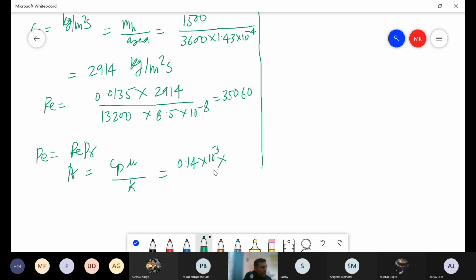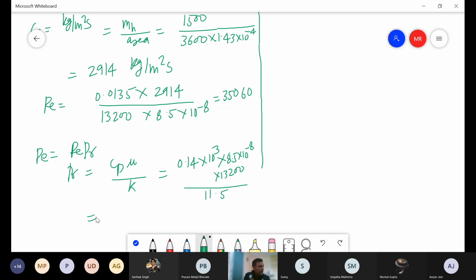Mu is given as 8.5 into 10 raised to the power minus 8 into 13200. So that is Cp mu by K, and thermal conductivity value is 11.5.